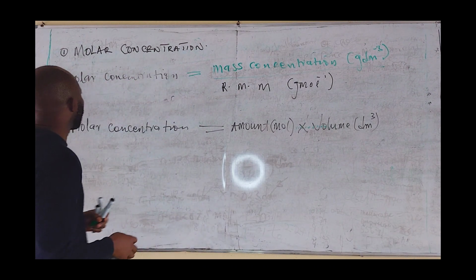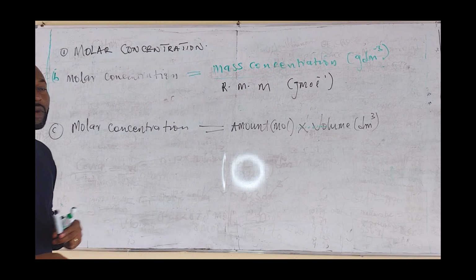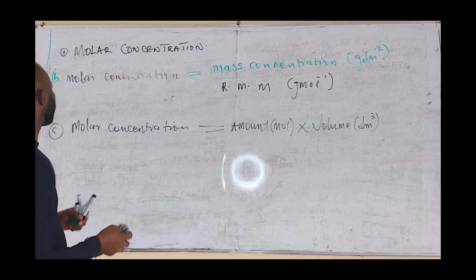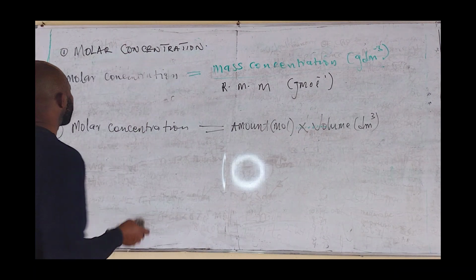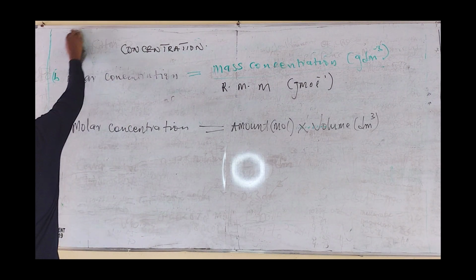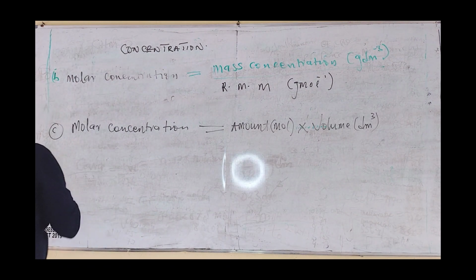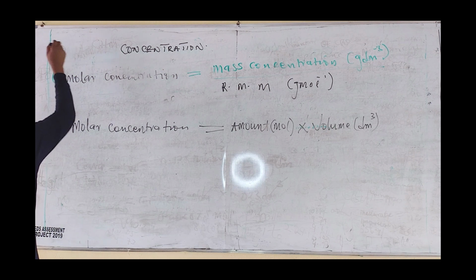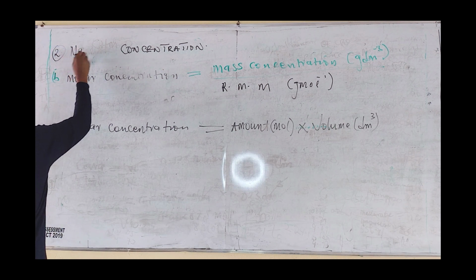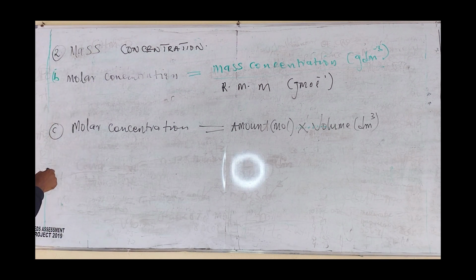So we are good about molar concentration. We can move down to mass concentration. So that would be 2. Mass concentration.